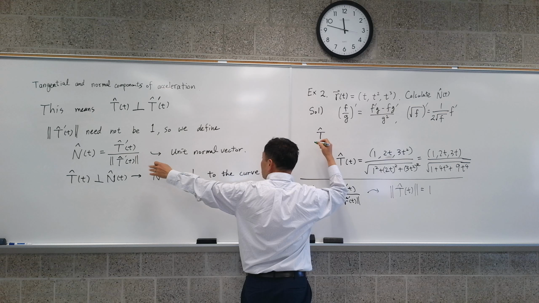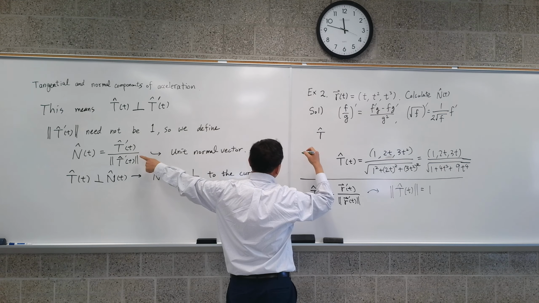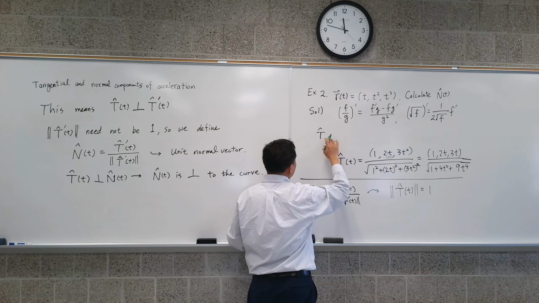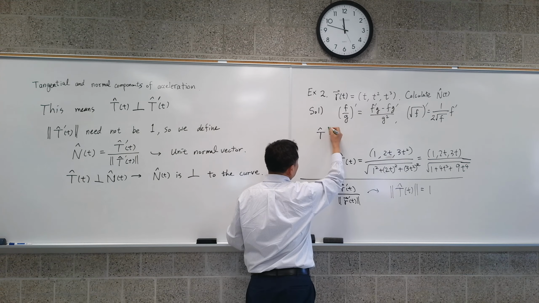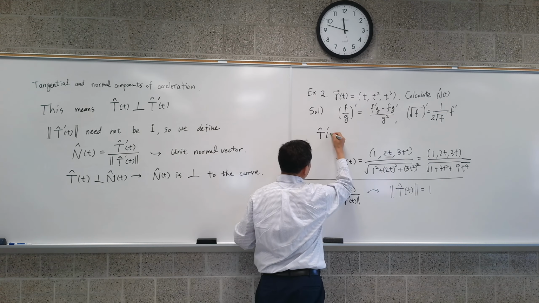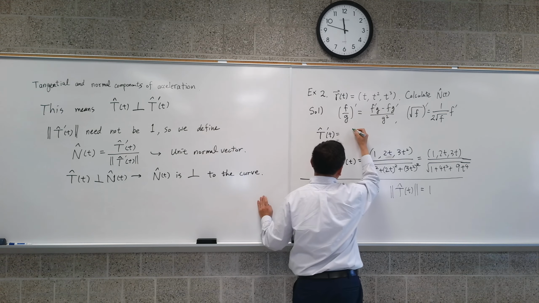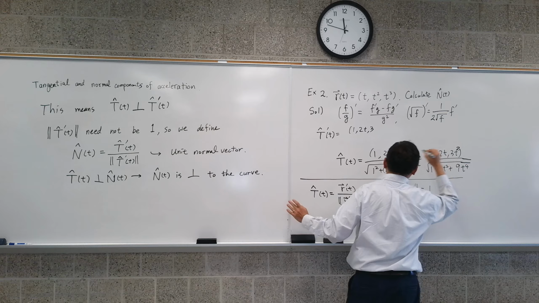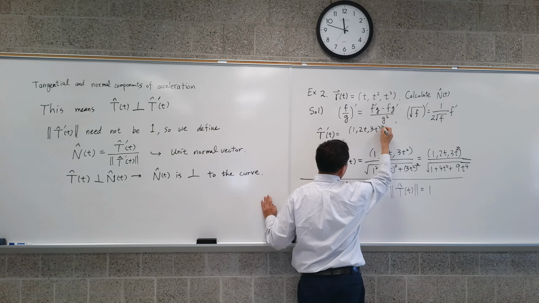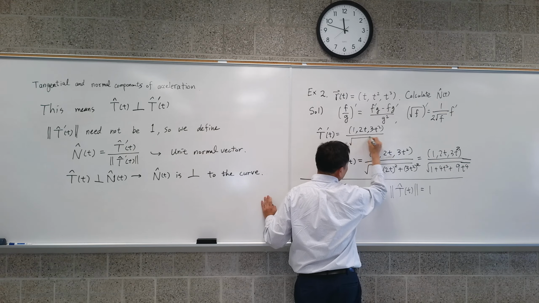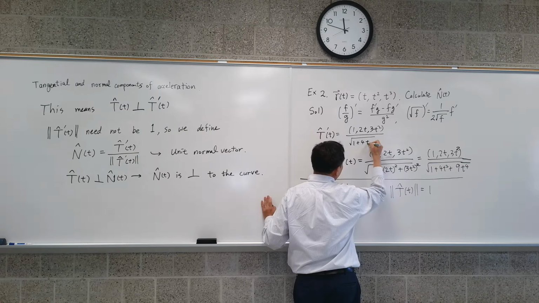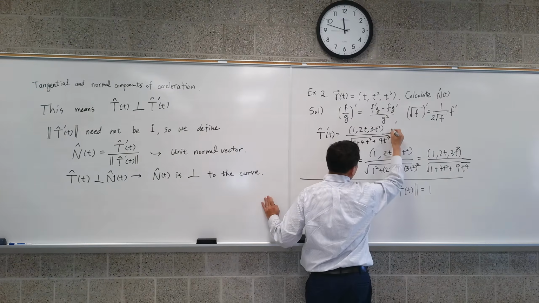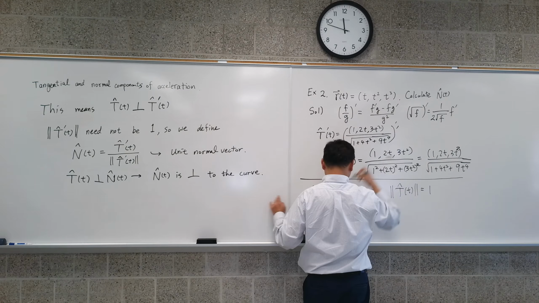Because the norm T is defined as T prime divided by T prime, its size, I have to differentiate this function, okay? So let's try to differentiate this. 1, 2t, oh, there should be a squared. 3t squared divided by square root of 1 plus 4t squared plus 9t to the fourth. Then you're differentiating this.